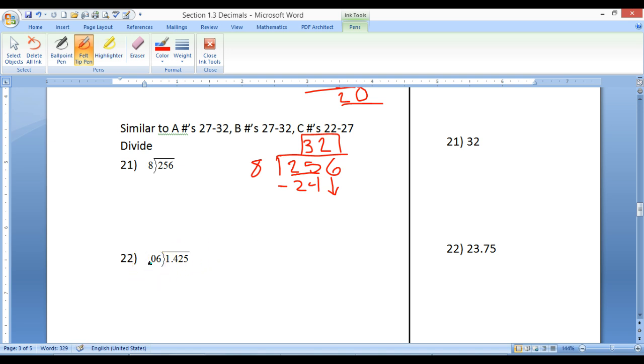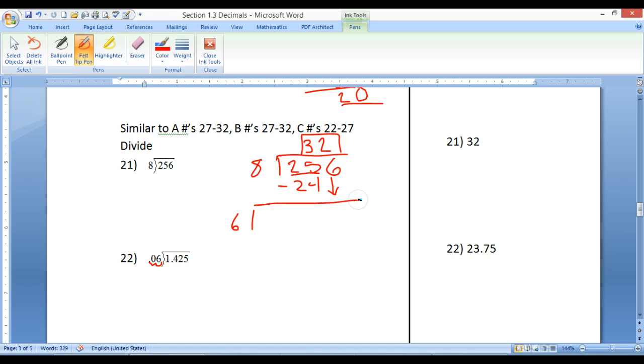So this decimal out here, that's a problem. We have to make sure that this is a whole number. So what we do is we simply move the decimal over 1, 2 place values. In doing so, that becomes just 6, which is good because we need that to be a whole number on the outside.